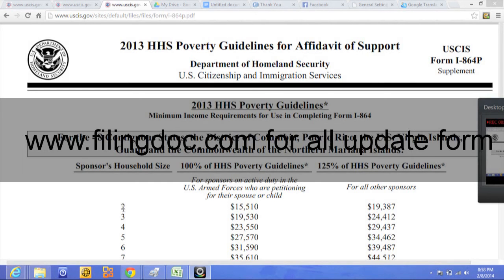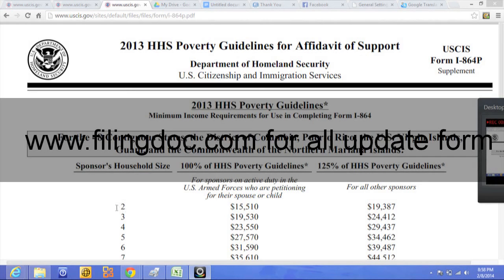You are in the household size, and the immigrant that you sponsor is counted. So the minimum should be you and the immigrant that you're sponsoring. That should be 2, the minimum household size: you and 1 immigrant.